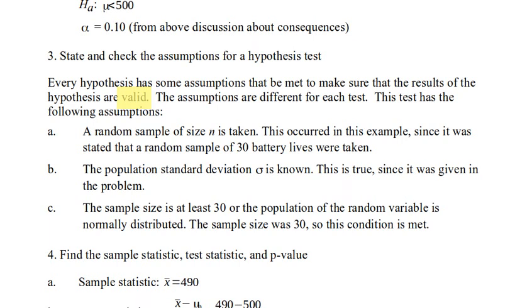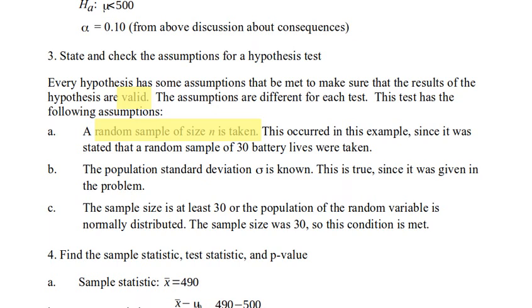So first off, a random sample of size n is taken. So you do need to check that in some way or other, a random sample of a fixed size is made. Now, that random sample could also be equally good if it was a representative sample, but we'll look for a simple random sample of size n.